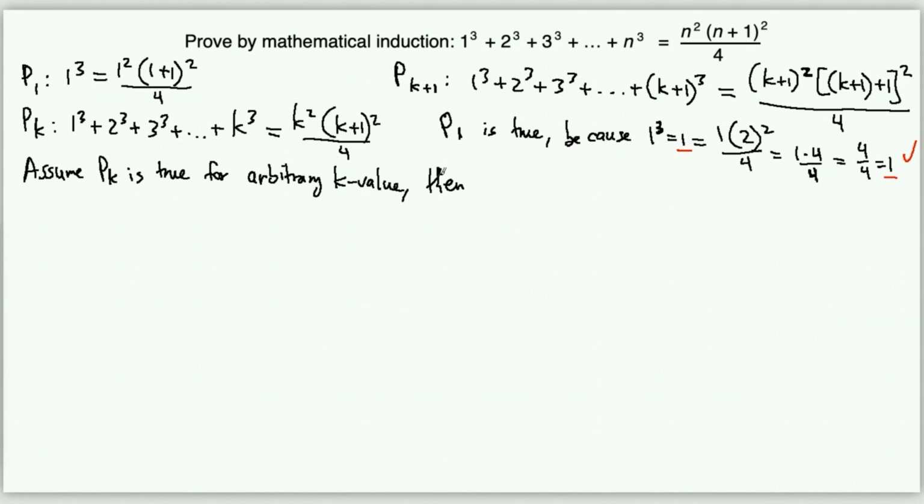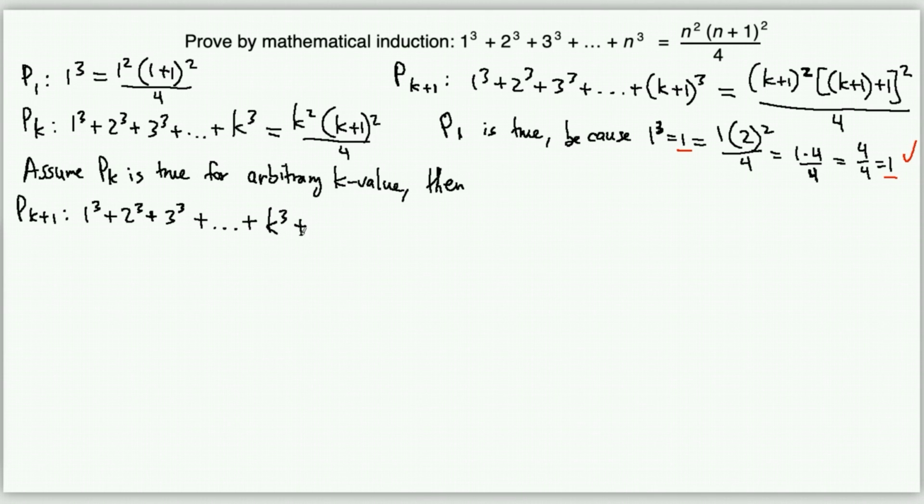Then, if the Pk statement is assumed to be true, we can basically rewrite the Pk plus 1 statement in the same fashion. So basically, we're going to show that 1 to the third, let's name that the Pk plus 1 statement. So 1 to the third plus 2 to the third plus 3 to the third plus, and then since we're working under the assumption that Pk is true, we have to finish writing Pk's left side, right?